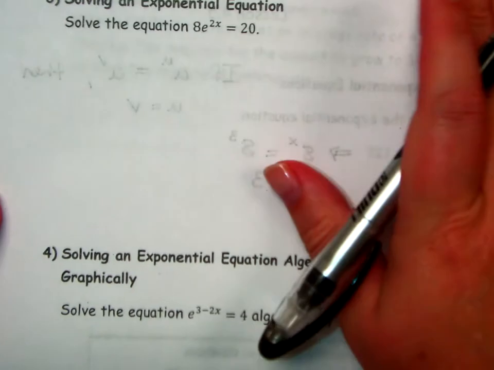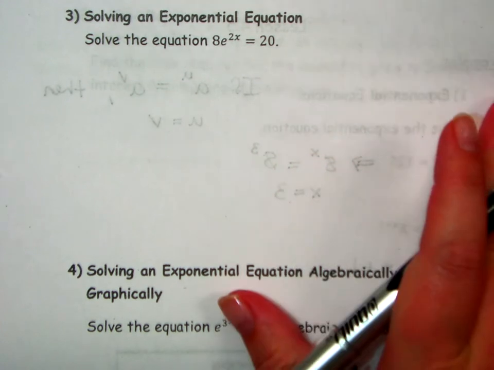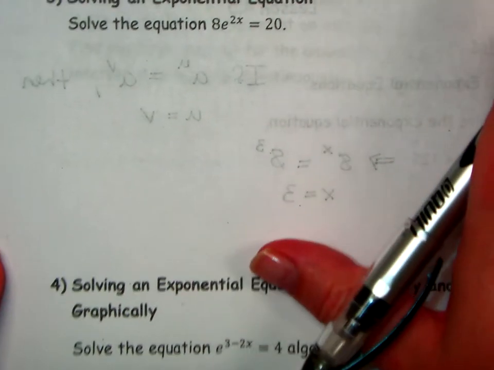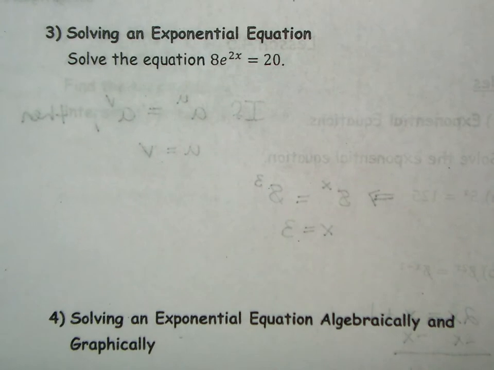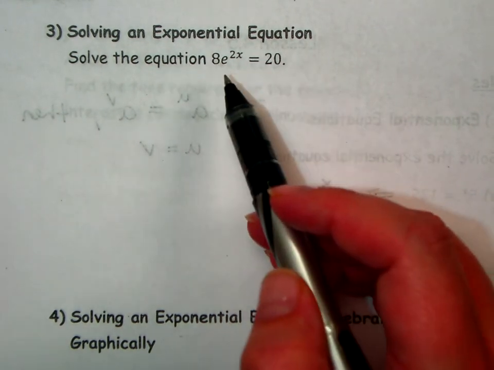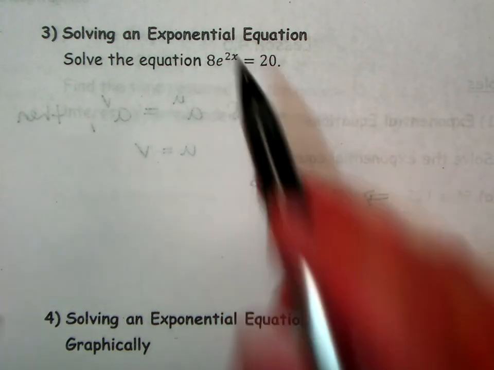Next, all right, let's solve this equation. 8e to the 2x equals 20, right? So this one here is not just an exponential equaling a constant, okay? The exponential expression is just e to the 2x. The 8 is a coefficient.